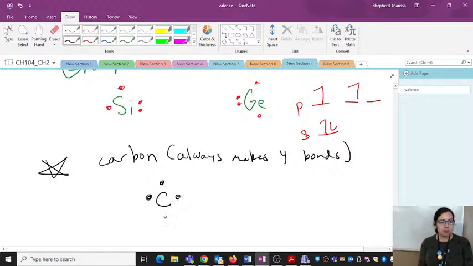We draw carbon with 1 dot on each side to show that it likes to hybridize. We'll go into more of what that means exactly with the term hybridization, but just know that carbon, 4 bonds, so 4 dots, or 1 dot on each side.